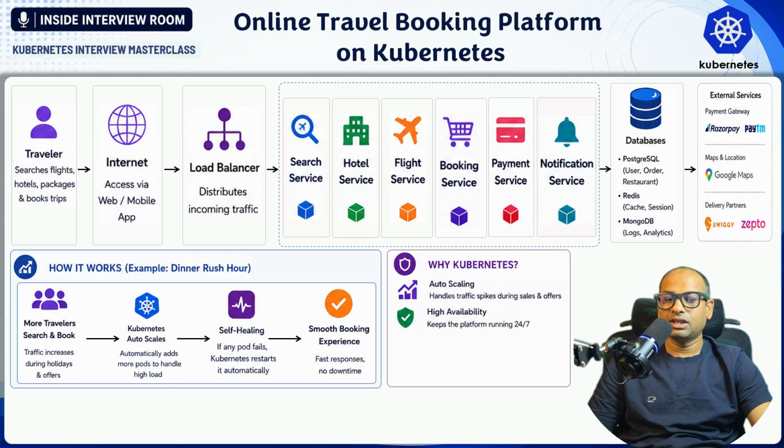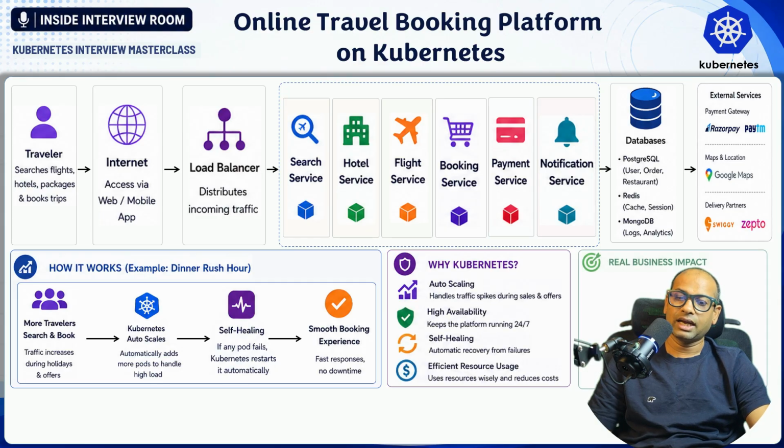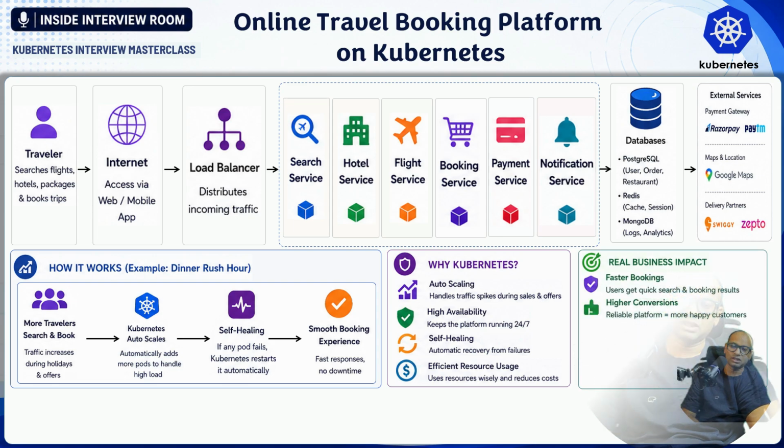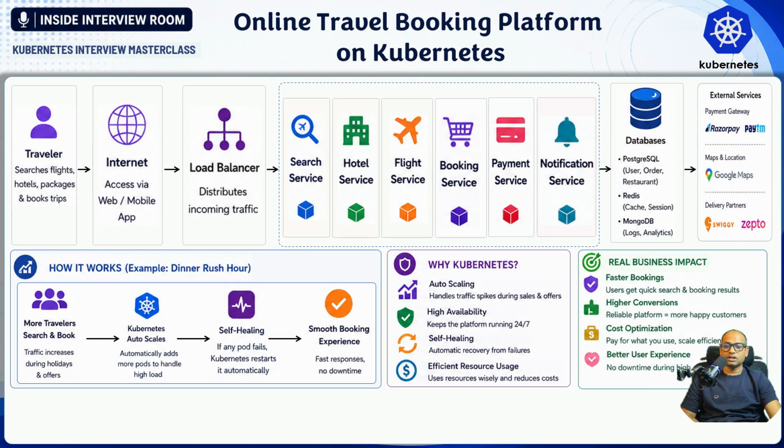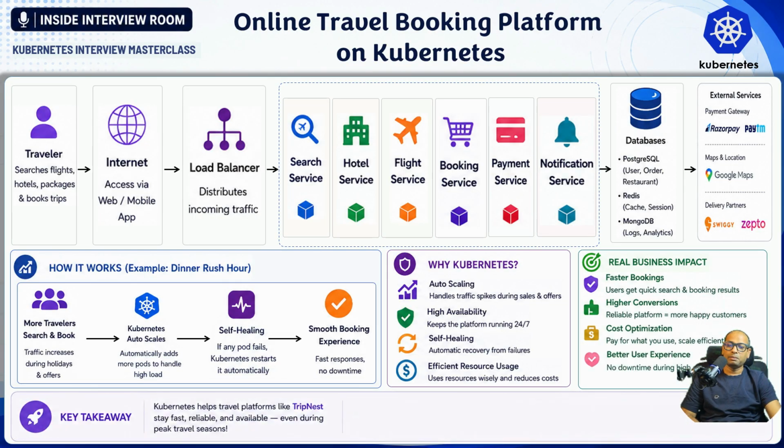Why Kubernetes is required: auto scaling, high availability, self healing, and efficient resource usage. Real business impact: faster bookings, higher conversion, cost optimization, and better user experience. Kubernetes helps travel platforms like Tripness stay fast, reliable, and available during peak travel seasons.